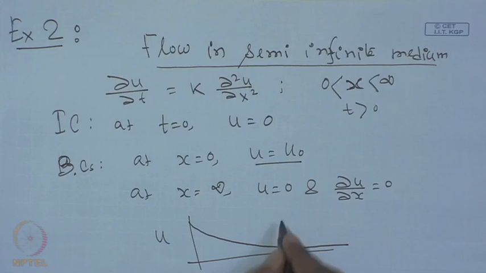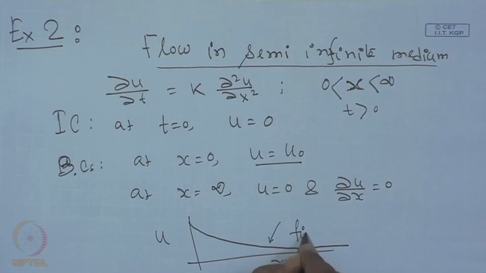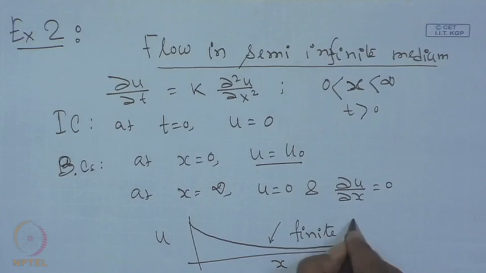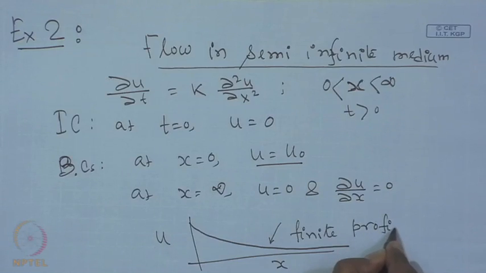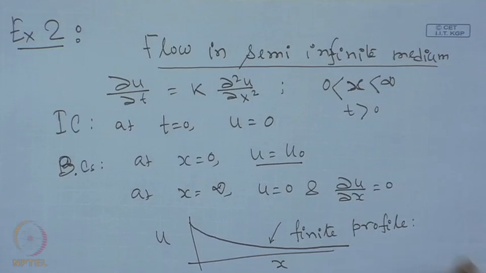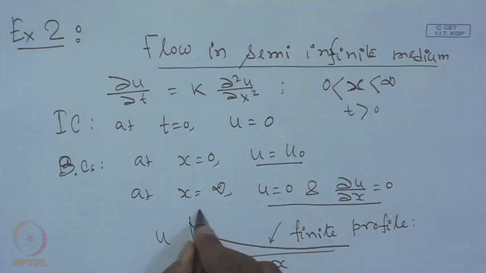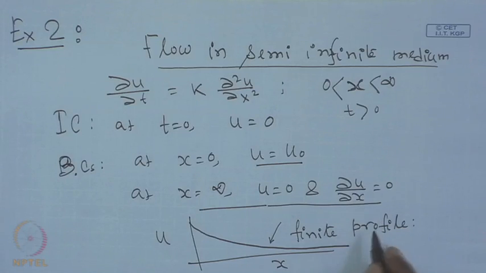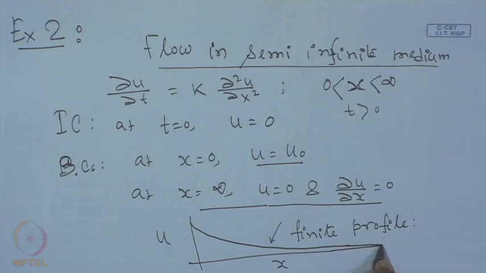It is always a finite profile. The finiteness of the profile is ensured by these two conditions at x is equal to infinity, both u is equal to 0 and del u del x equal to 0, that means at infinity it will be asymptotically equal to 0.